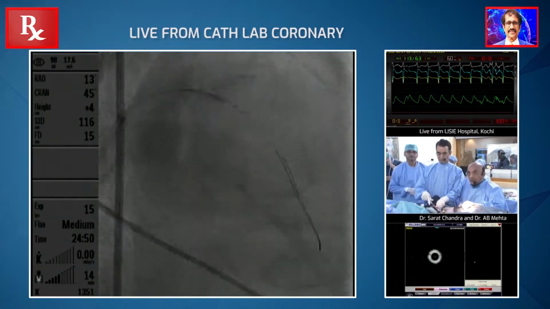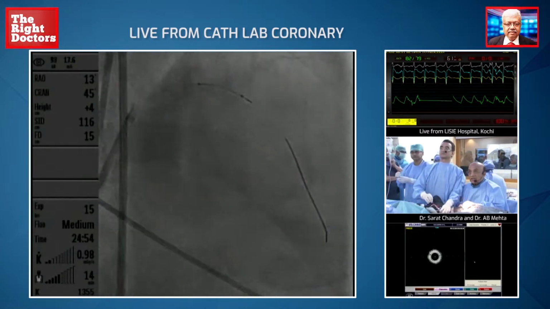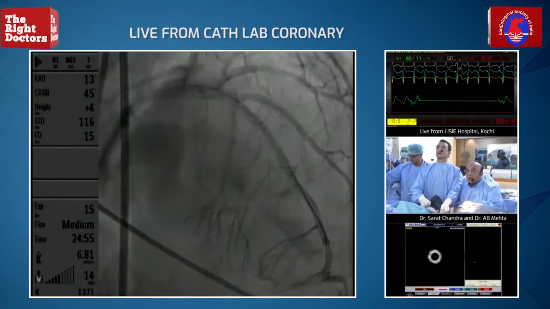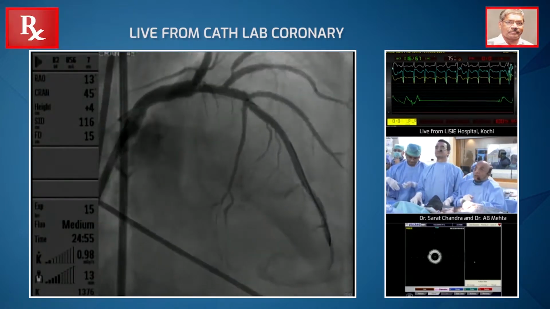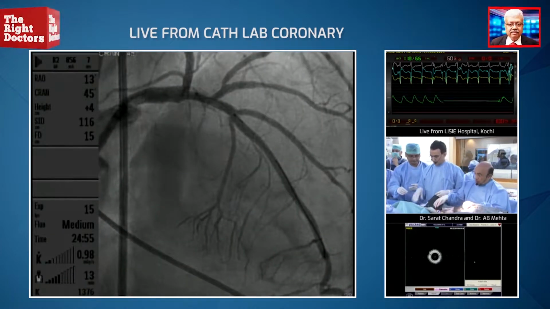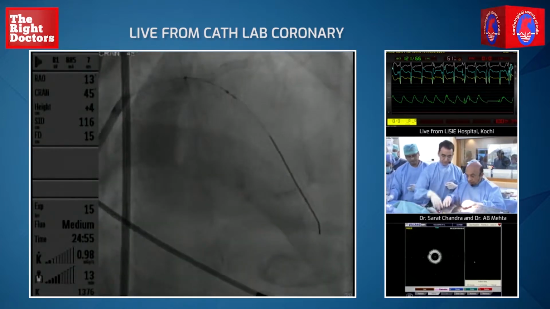Now it's the time to recross the side branch stent. Just we'll take a scene now. Okay, I think perfect. Freeze. Okay, let's remove the balloon. Wait. This balloon has to come out.